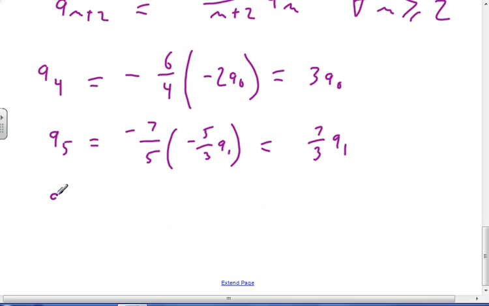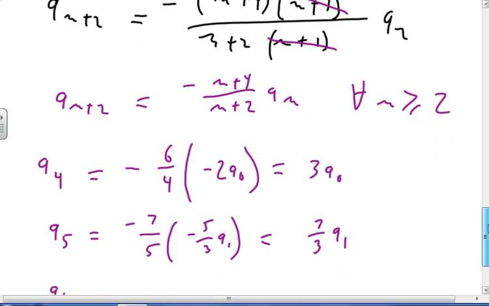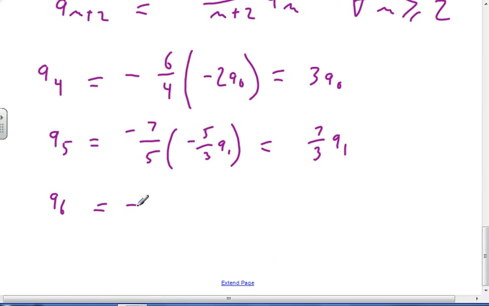Okay, get another one, a6. n is equal to 4, minus 8 over 6, a4, which is going to be 3a0, minus, what? Minus 4, a0? Really? Minus 4, a0?